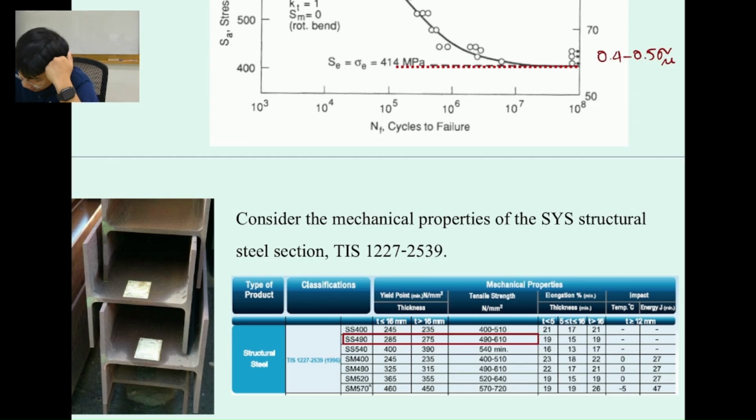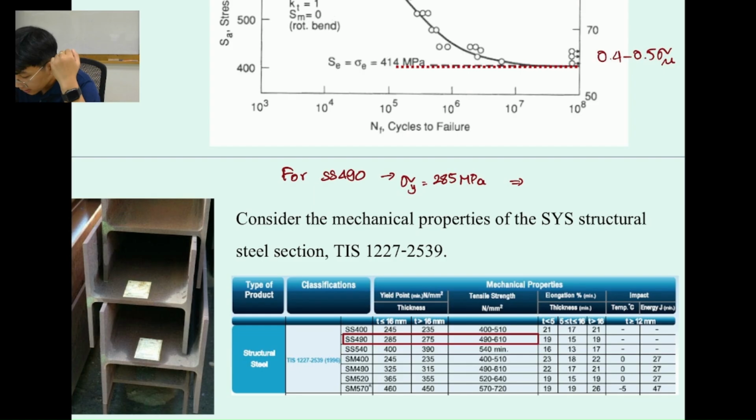So for SS490, I'm going to get yielding stress equal to 285 MPa. And then I'm going to have the allowable.